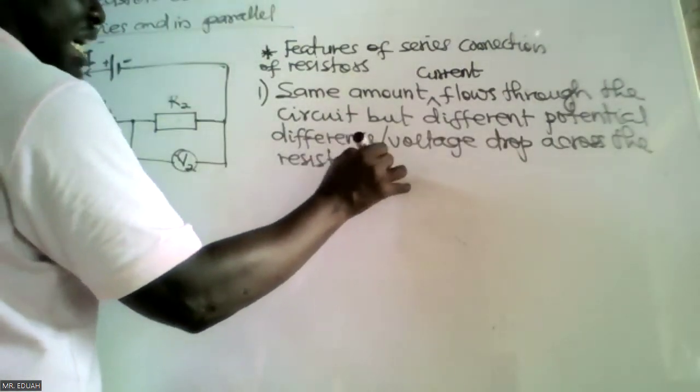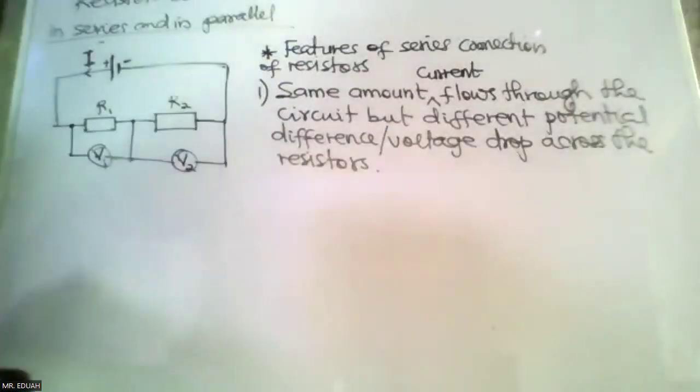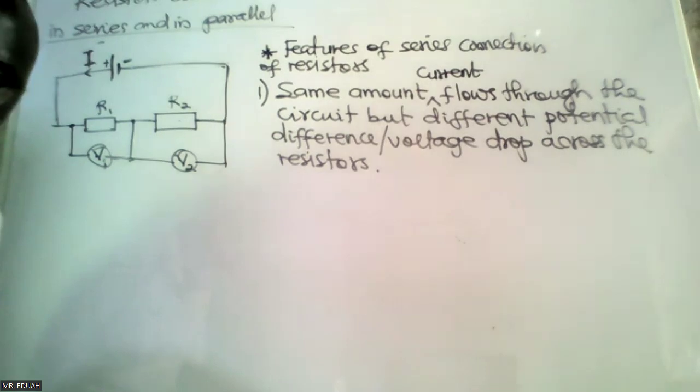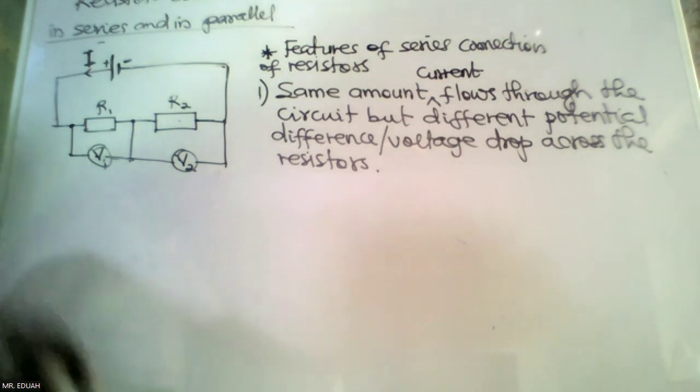Because the resistors are different, the voltage drop would also be different. Meaning that if the resistors have the same resistance, there will be the same voltage drop. Are we okay here?